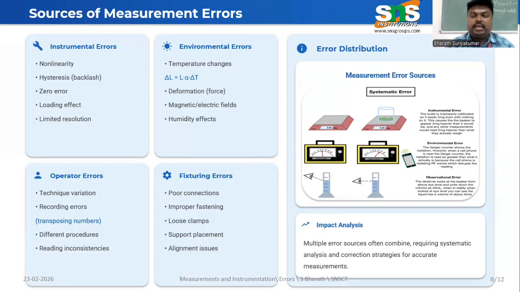Fixturing errors include poor connection, improper fastening, loose clamps, support placement, and alignment issues.